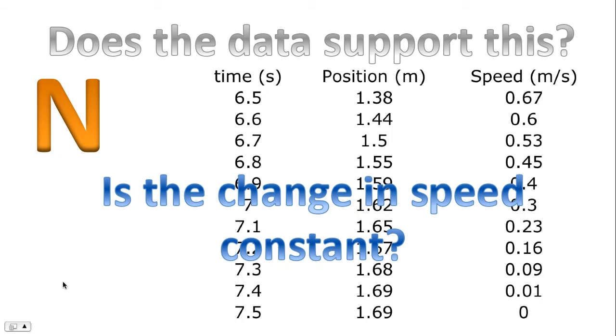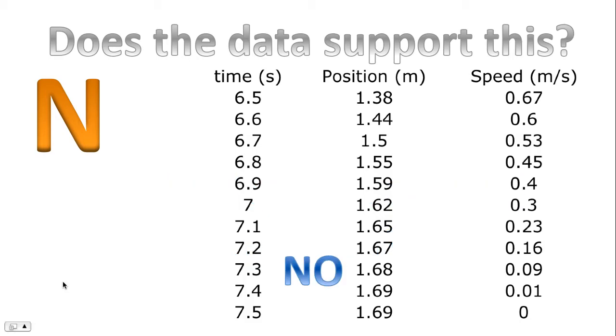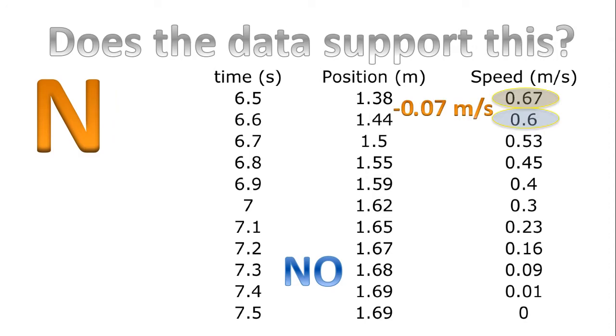Well, if the acceleration is constant, then the change in speed should be constant. So now the question is, is the change in speed constant while the train is slowing down? In this situation, from 6.5 to 7.5 seconds. Well, the answer is no. As you can see, from 6.5 to 6.6 seconds, the train speed has decreased by 0.07 meters per second.